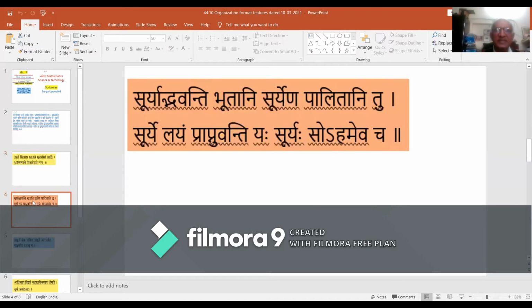The second phase and stage is the enlightenment.